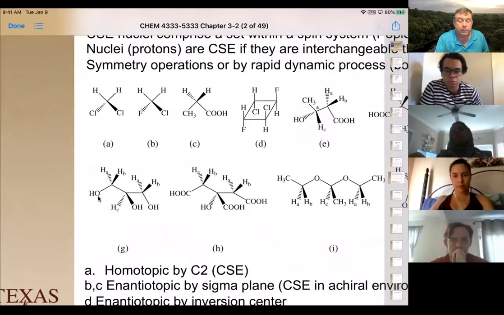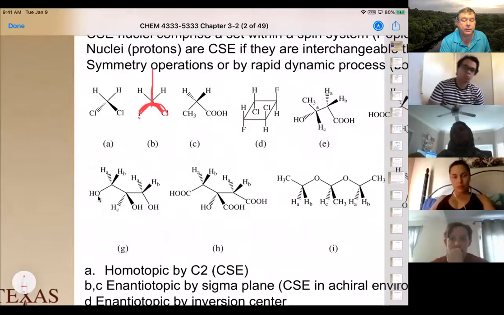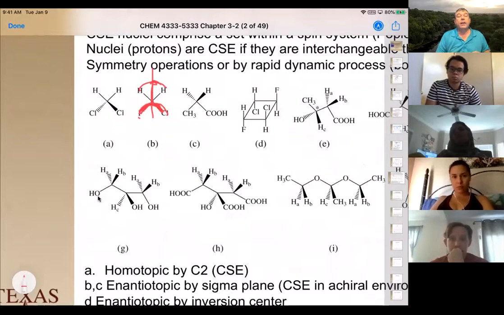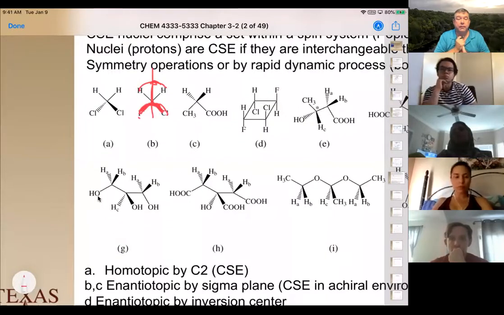However, because we can draw a plane that goes through these 3 atoms, the fluorine, the chlorine, and that carbon, and we have a mirror plane in there, this hydrogen looks like that hydrogen, therefore they are equivalent because we can draw that mirror plane that has those 2 hydrogens look equivalent, okay?